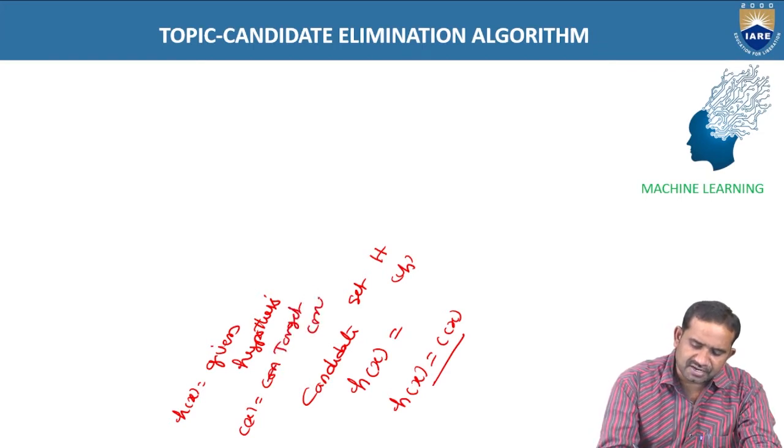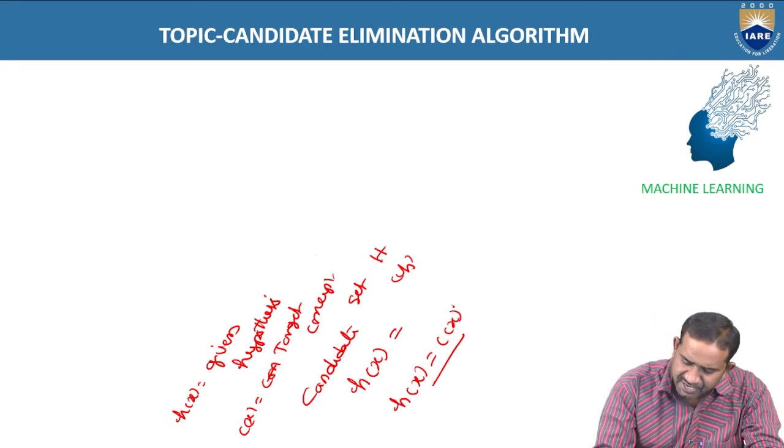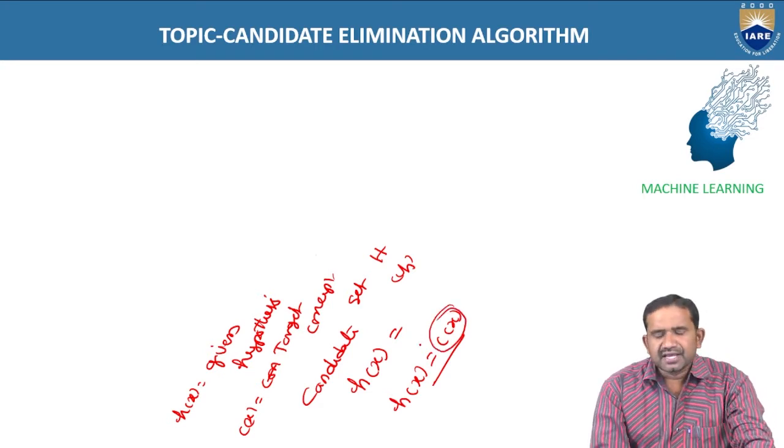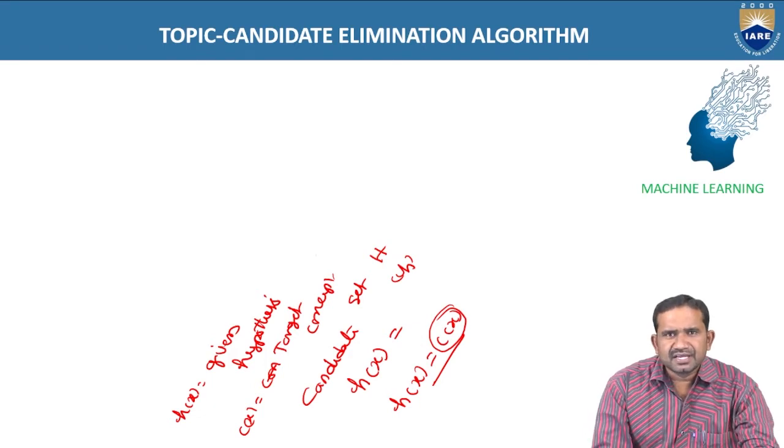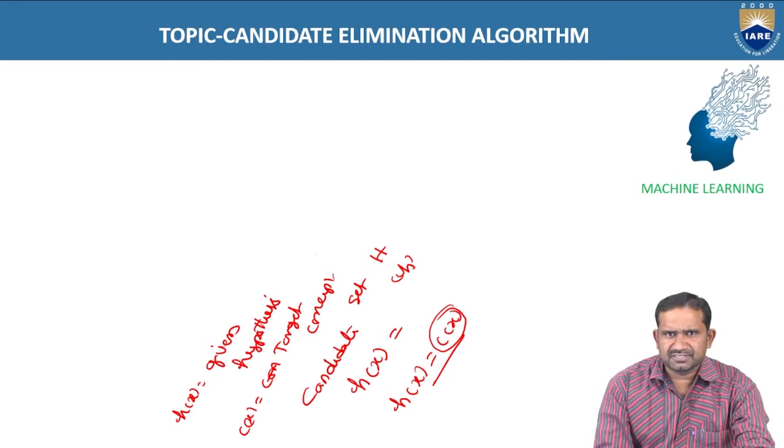Simply, c(x) is the resultant output of the training examples.